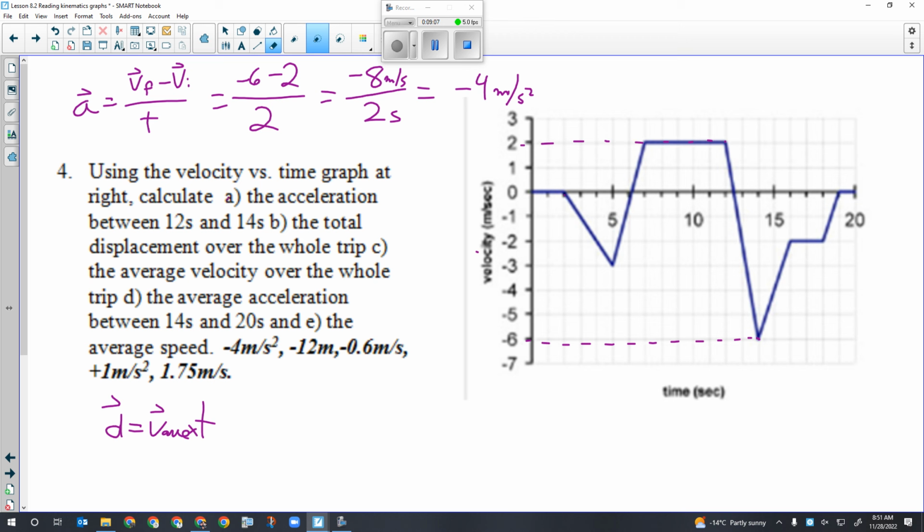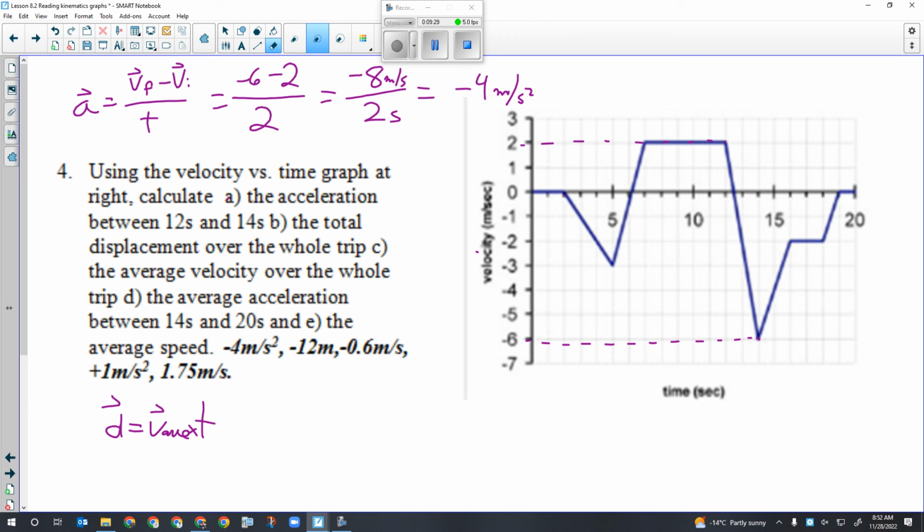It's not moving. And if you were remembering, we said it's like calculating the area between the line and the x-axis. Is there any area between the line and the x-axis here? The line is on the x-axis, so there's no area to calculate. All right, if I want to calculate the area under the line, there's a whole bunch of shapes I've got to draw.